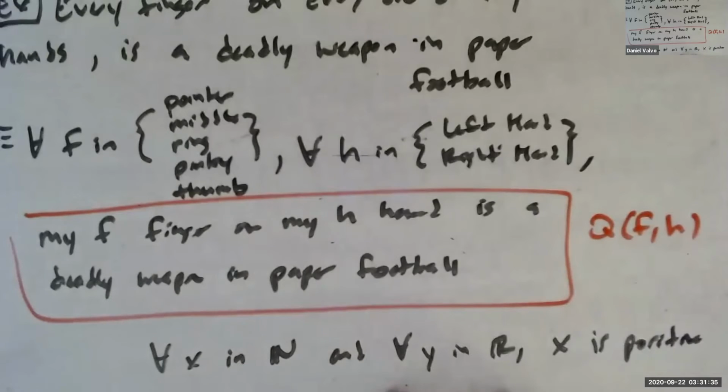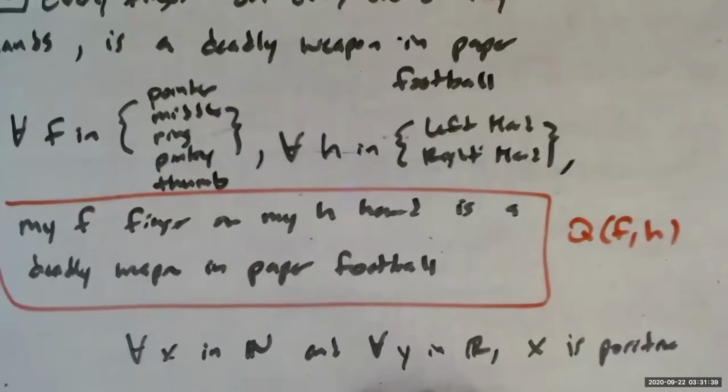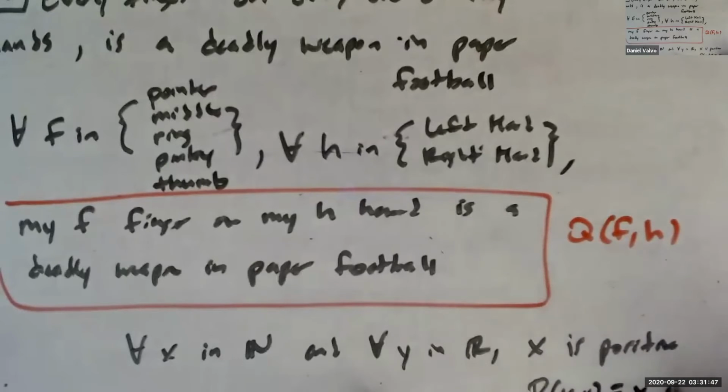The y doesn't really contribute anything. You could do it. This would be a valid double for all statement, right? In this case, we have a predicate P of x, y just equals x is positive. That's totally fine. But the y doesn't do much.